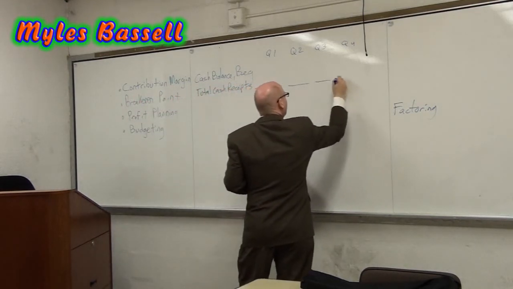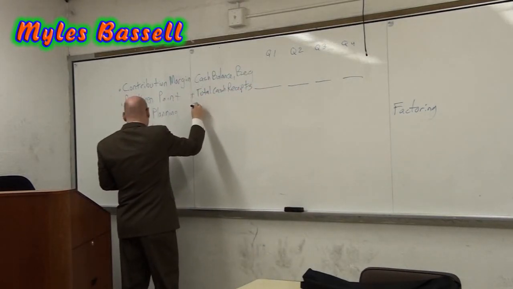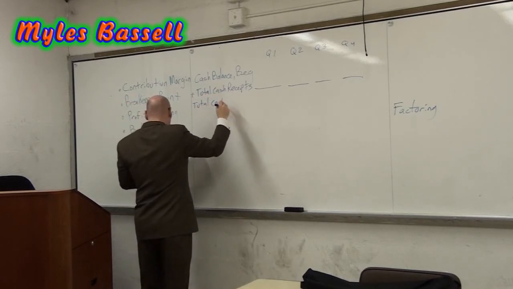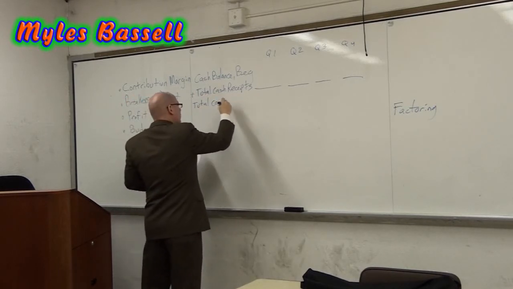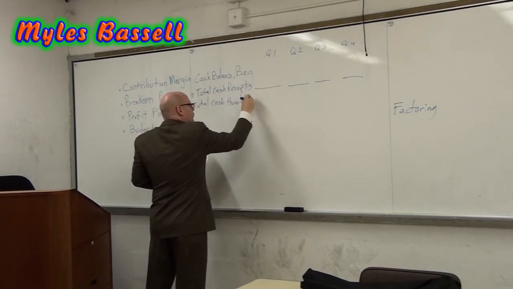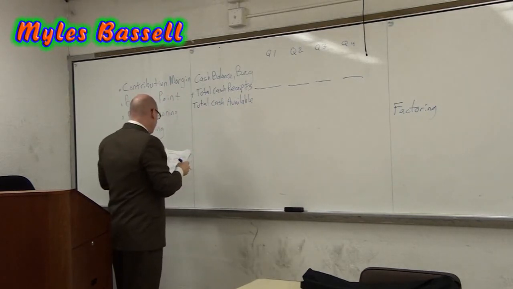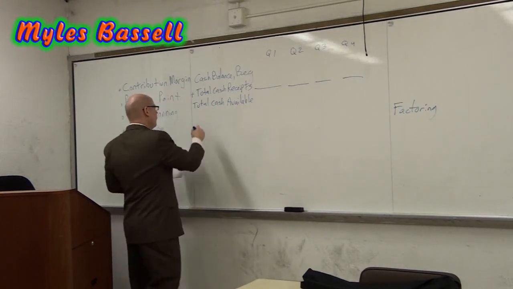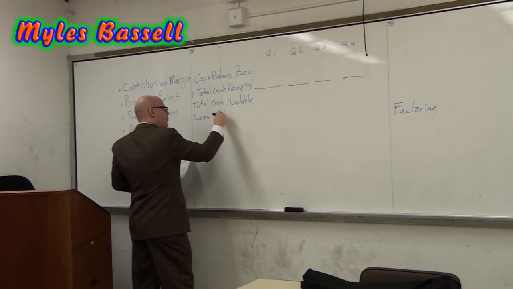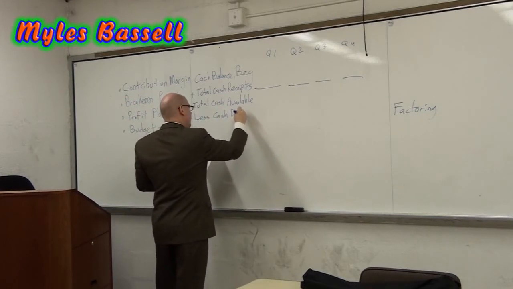We're going to add those together to get the total cash available. Now in this example we don't look at, next time we'll look at, when we have sales that are on credit. Less cash disbursements. So what we're trying to find out is what is the ending cash balance?